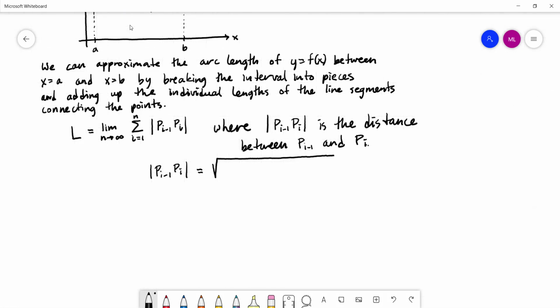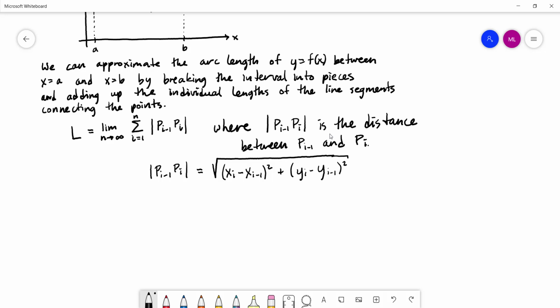So I'll call that x_i minus x_{i-1}. So the x coordinate of point i, the x coordinate of point i minus 1 of our two points here. I'm going to take those two x coordinates and square the difference, and then to that I'm going to add the squared difference between the y coordinates. So this is just the normal good old distance formula that we've seen a million times before. So that is how we're defining this distance here.